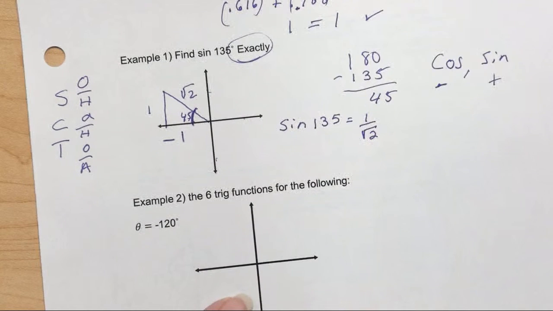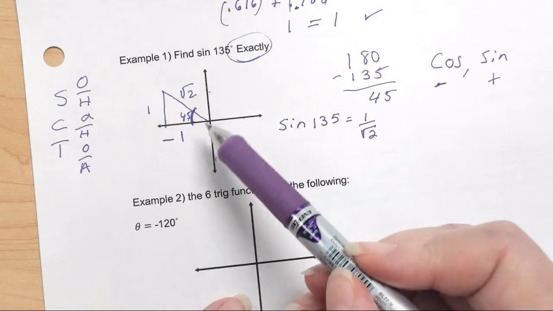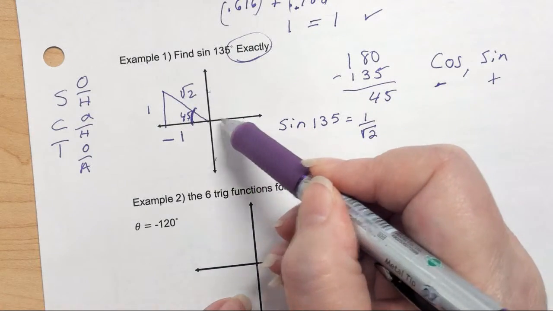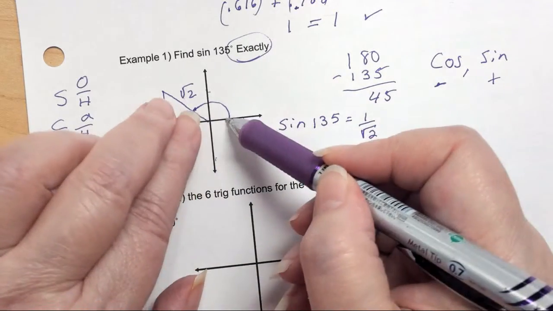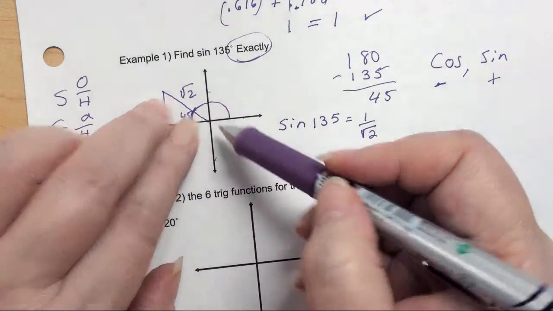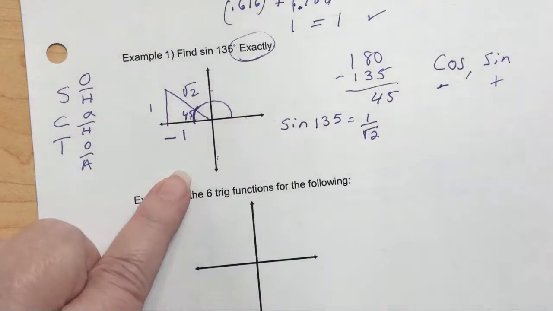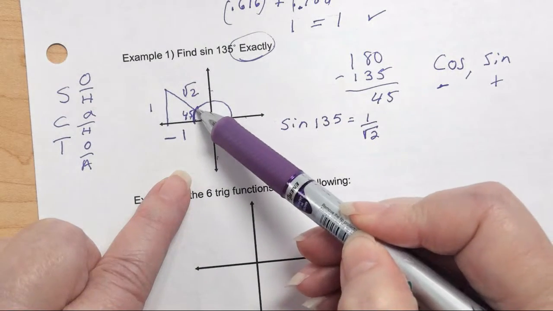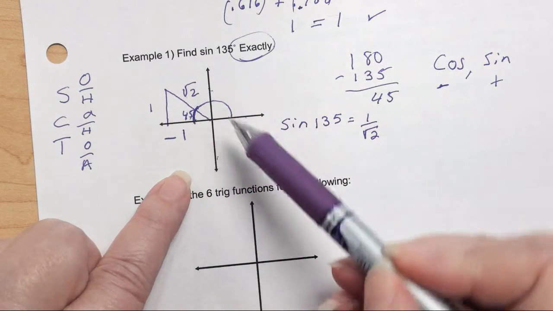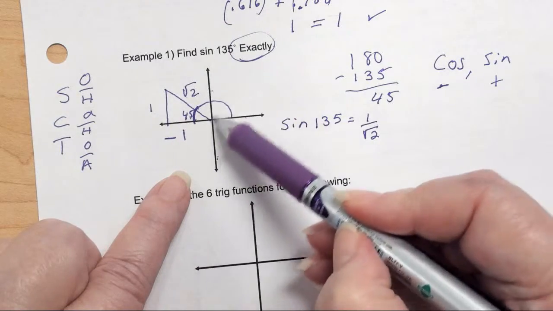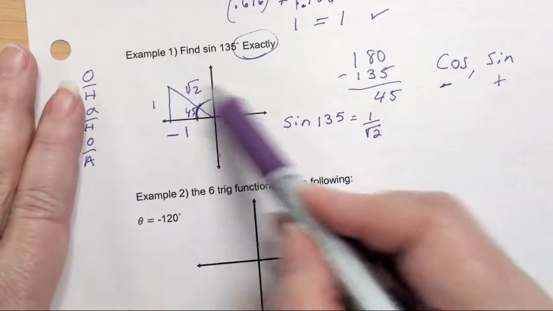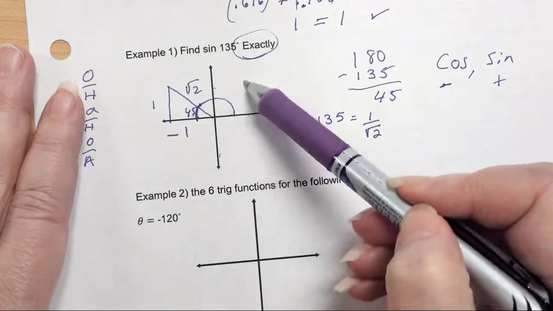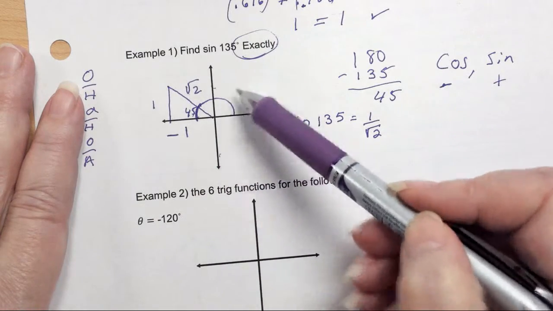How is it that we use 135 there instead of 45? Because remember, this is this angle right here. But to be able to use our special triangles, we have to find our reference angle. 45 degrees is really in this quadrant. Where's 45 in your circle? 45 would be over here, because we start at the top.